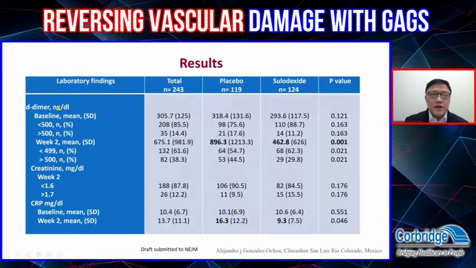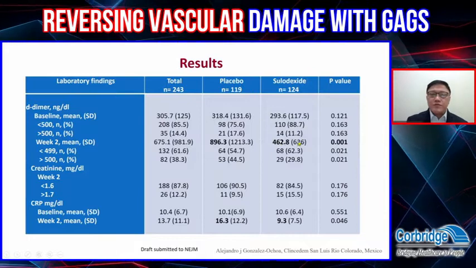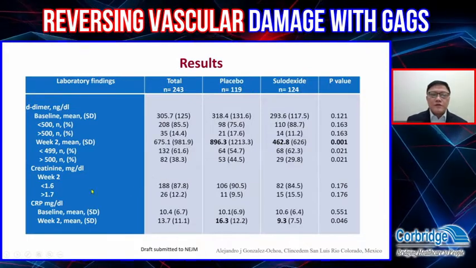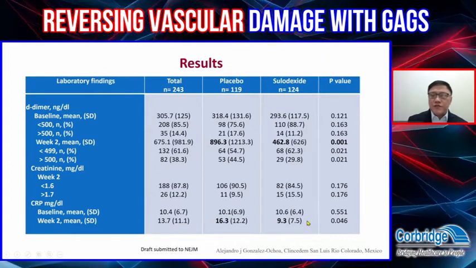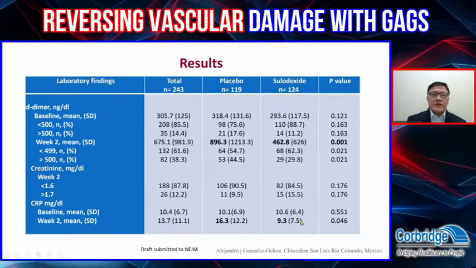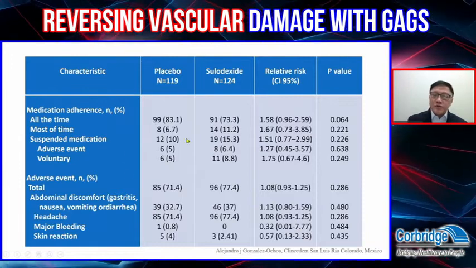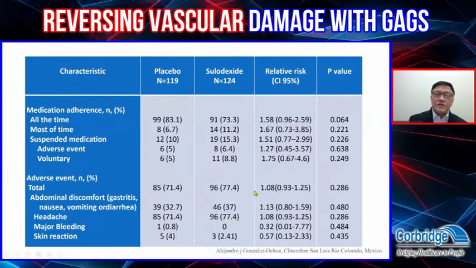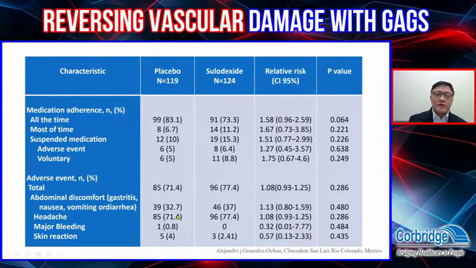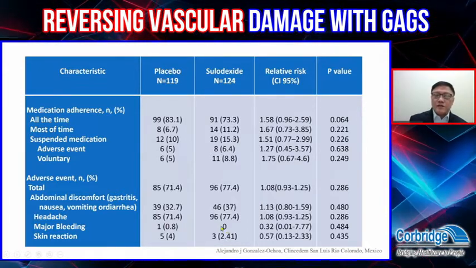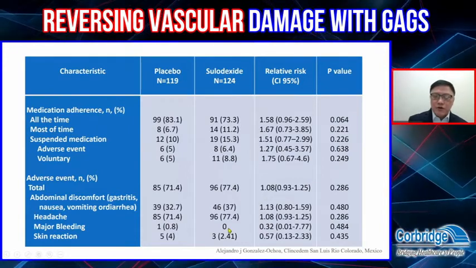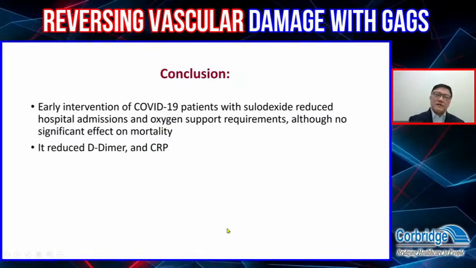And the D-dimer was significantly reduced, and the CRP was also significantly reduced at 14 days. And the medication adherence was good because of lack of side effects. There was no bleeding reported in the sulodexide arm, just like what we saw in the SURVET study.